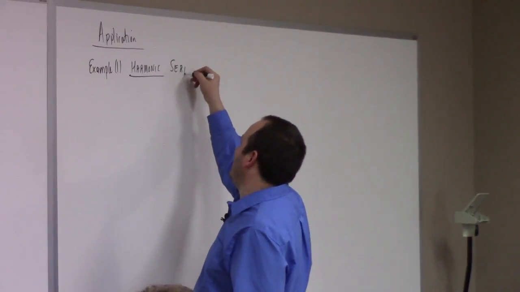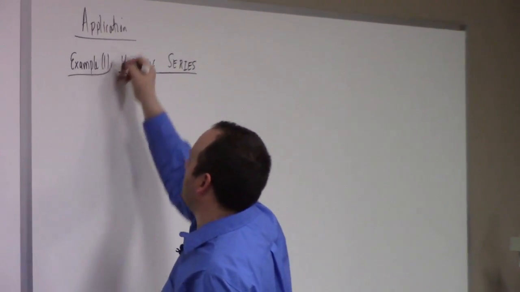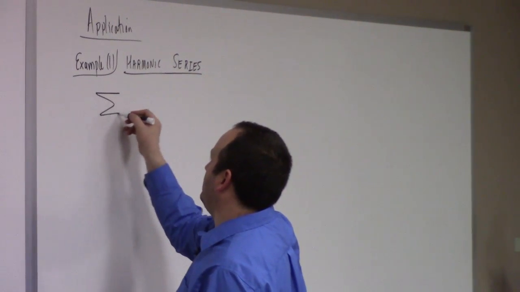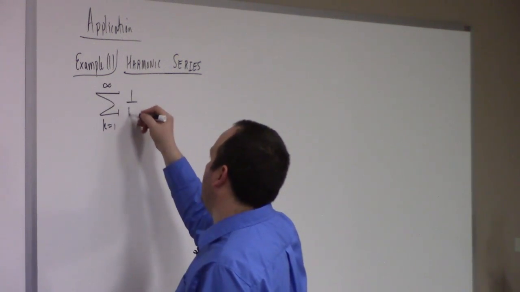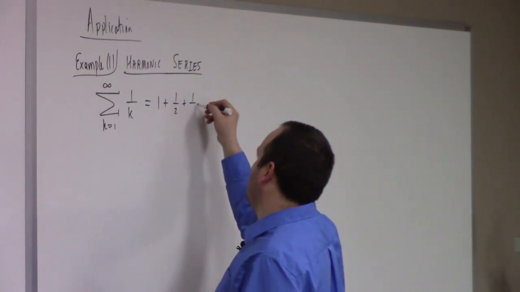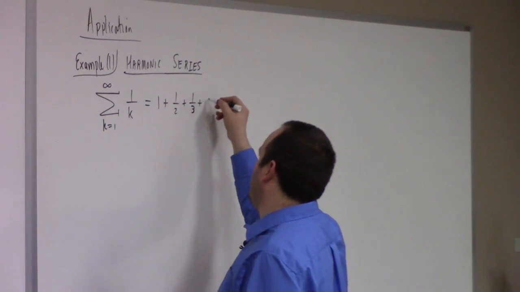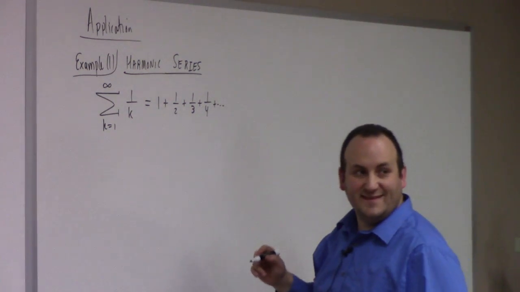Not many of these series actually have their own special name, but this does. And this guy is the sum from k equals 1 to infinity of 1 over k. So that is 1 plus a half plus a third plus a fourth, well, you get the idea, plus dot dot dot. This diverges.